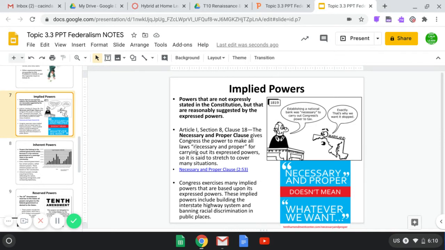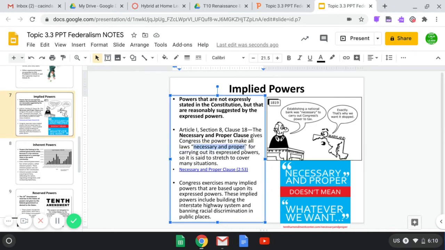Well, who defines necessary and proper? Well, ultimately, Congress does, unless the Supreme Court gets involved and they can overturn anything that they state. So they may create a law and then say, well, this is necessary, or it falls under the necessary and proper clause, even though it's not specifically stated in the Constitution.